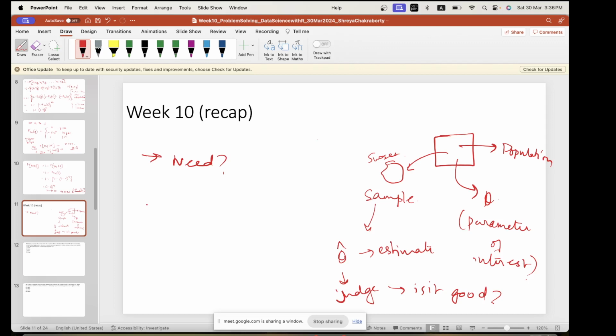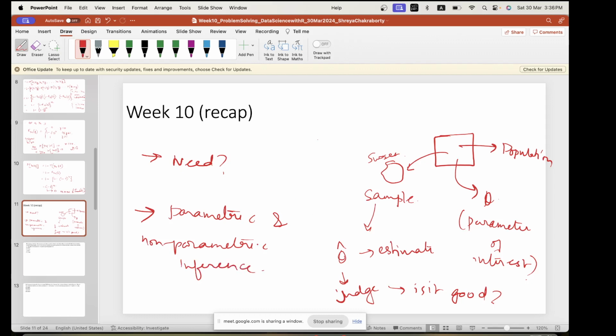Also we learnt about the difference between parametric and non-parametric inference.